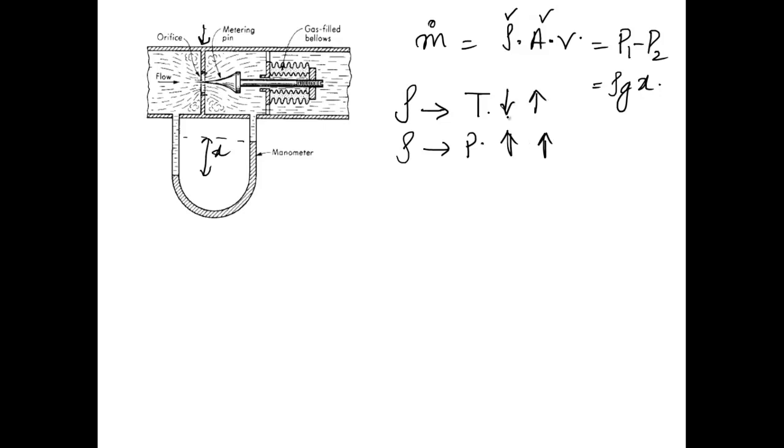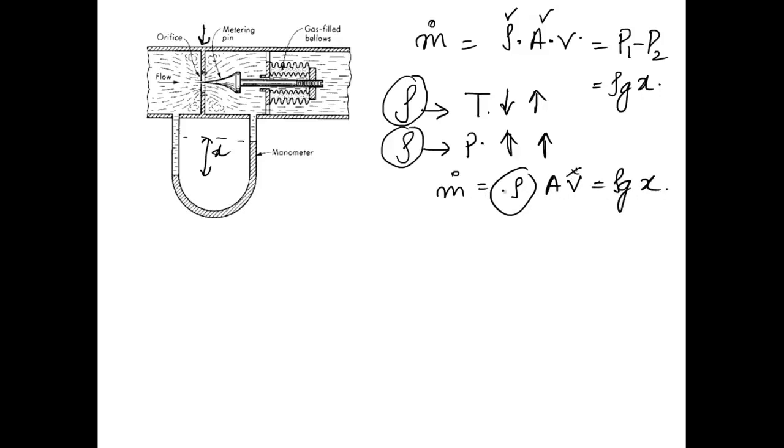So with changes in ambient temperature, and with changes in the pressure of the gas itself, you have changes in the density. If density changes significantly, then your m dot also changes. So for the same pressure difference, you will not have the same mass flow rate. Right. So you have to somehow compensate for this.